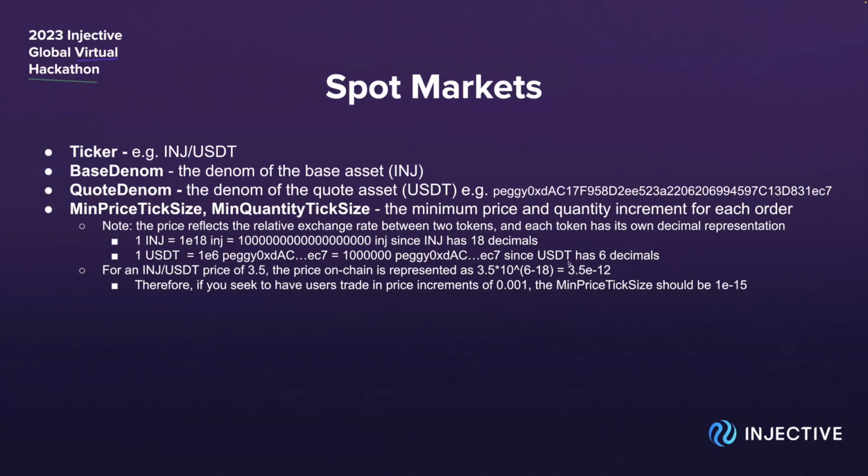Since we already had this 1E negative 12, if you want 3 more decimal places, it would be 1 times 10 to negative 12 times 1 times 10 to negative 3, which gives you 1E negative 15. And if you want instead to have users trading quantity increments of 0.001, because the quantity is in INJ, which has 18 decimals, it's a similar thing: 1E18 times 1E negative 3 equals 1E15.